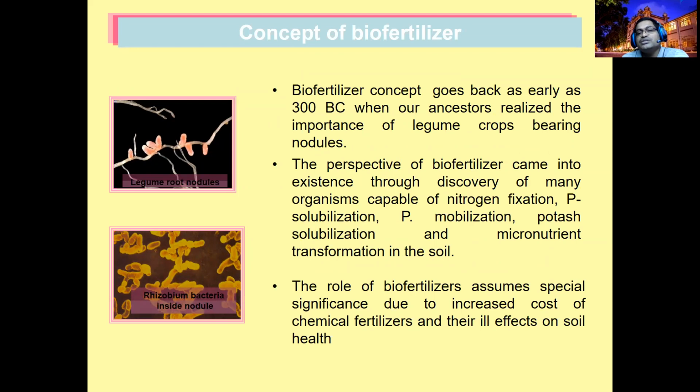So for nitrogen fixation, phosphorus solubilization and phosphorus mobilization, potash solubilization, with some micronutrient transformation, copper, iron and cobalt transformation, we used, other than these Rhizobium bacteria, certain other bacterial groups.